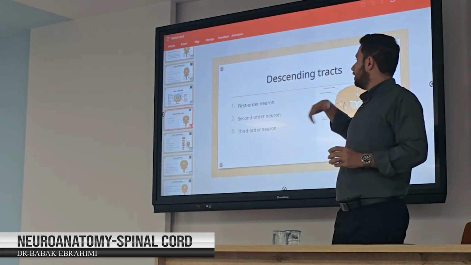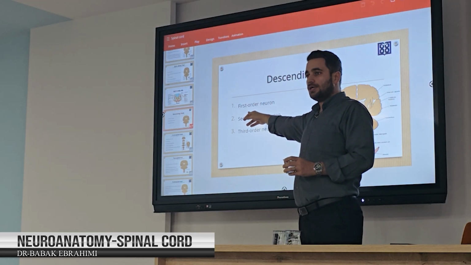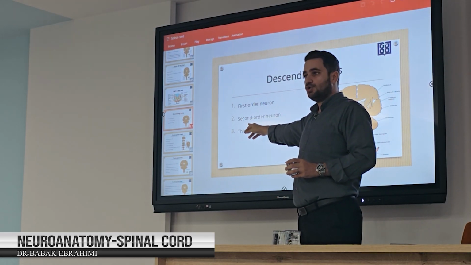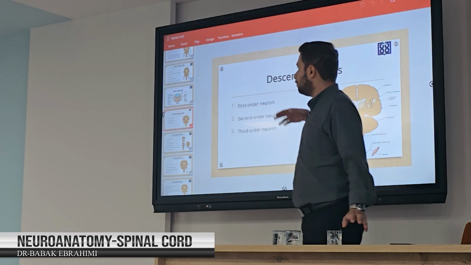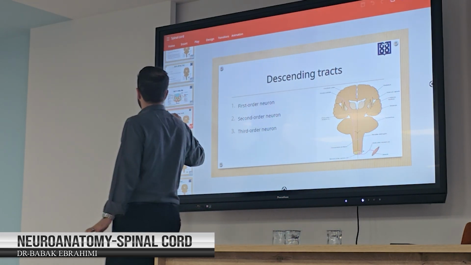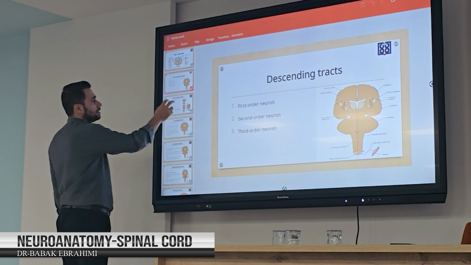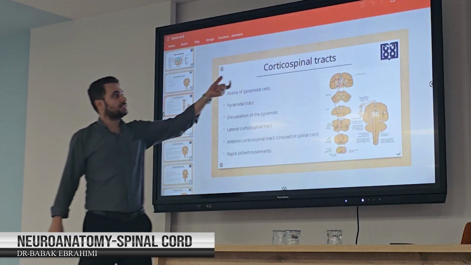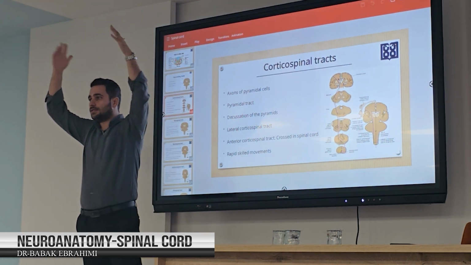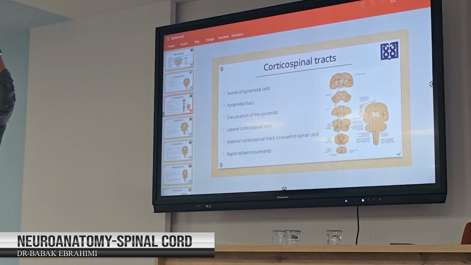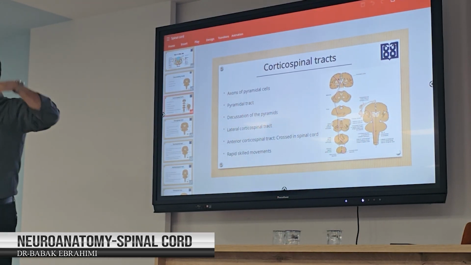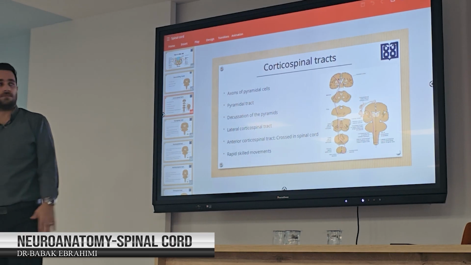Same as before, we have first order neuron, second order neuron, and third order neuron. Okay, these are motor commands or sensory commands? Motor commands. It shows that they were started from upside superior part, maybe for example cerebellum, maybe cerebral cortex, and then goes to spinal cord.